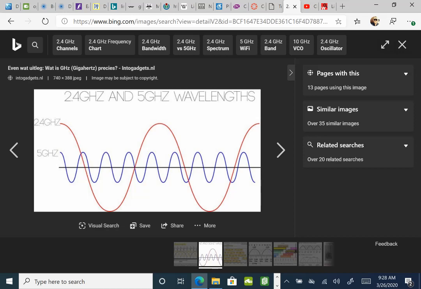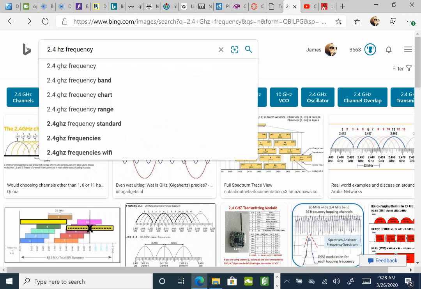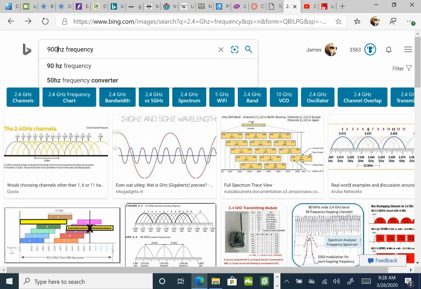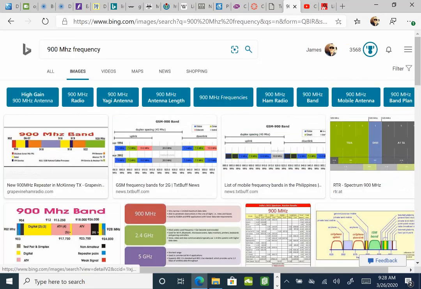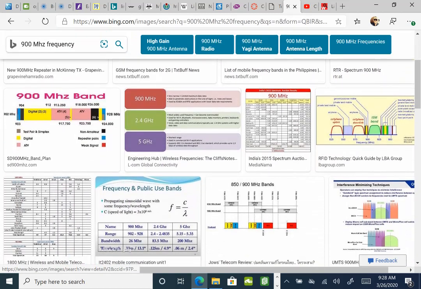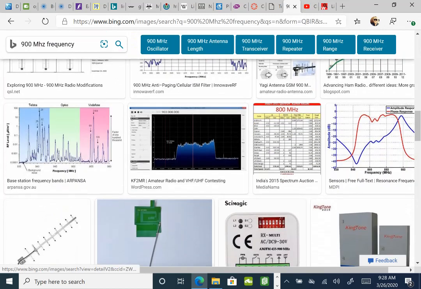If we took a look, I'm not sure we can find this one, but let's look up the 900 megahertz frequency. A lot of radios work off of that. Yeah, there's nothing here showing us what that looks like.